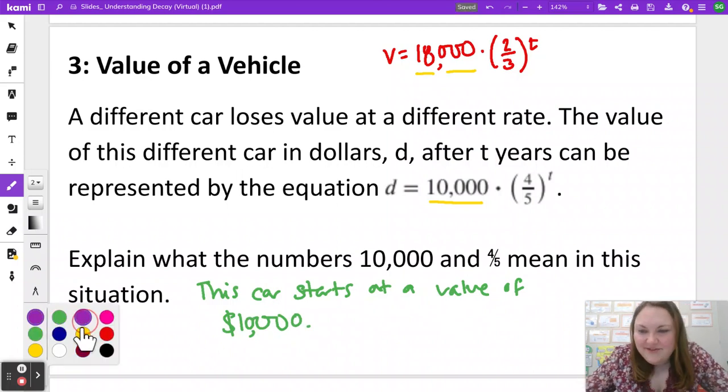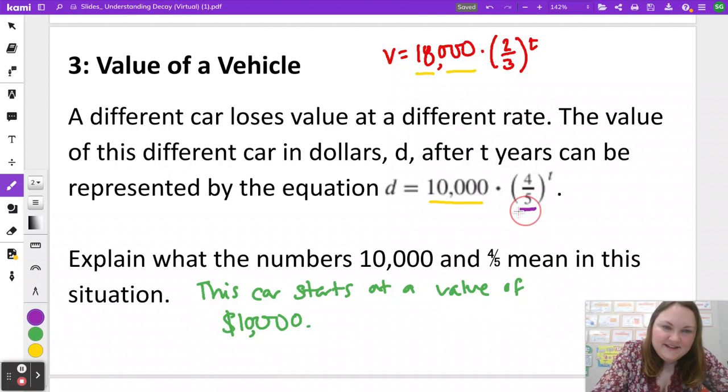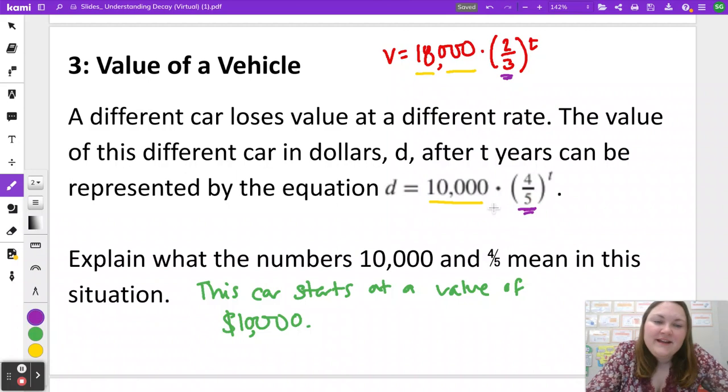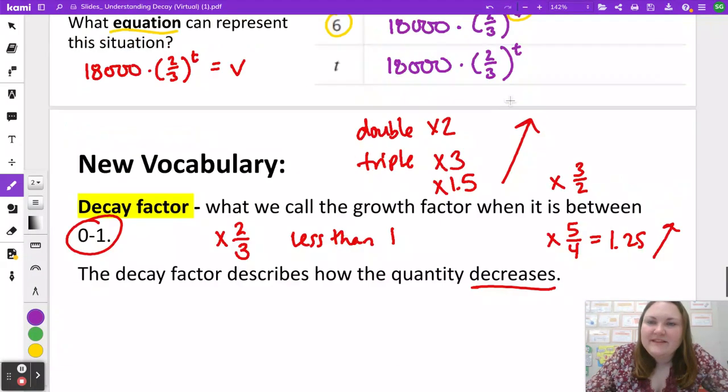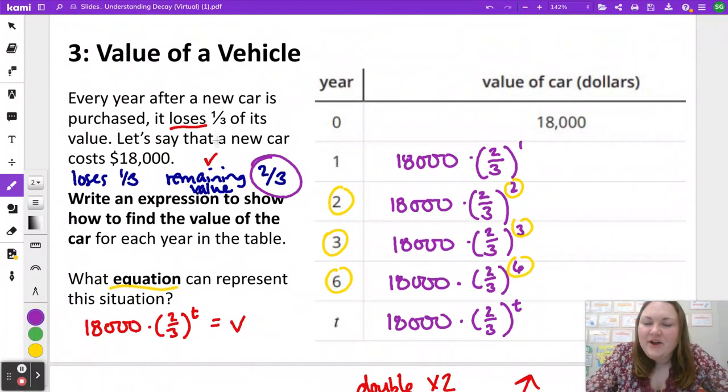And then the other number, the 4/5, again, think about what the 2/3 means here. Now, a common incorrect answer is that 4/5 is the fraction of value the car loses. And that's incorrect because think about what the 2/3 was. In that problem we did together, the fraction I see is not how much it loses. 1/3 was the value that it's losing each year.